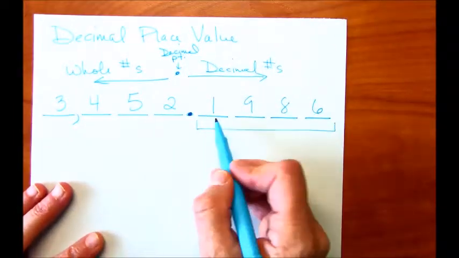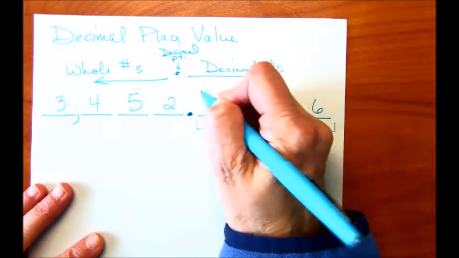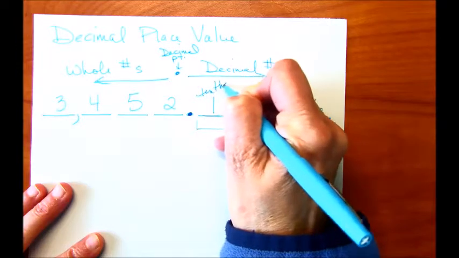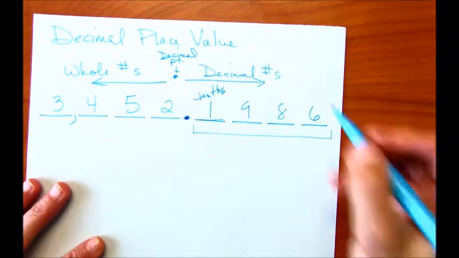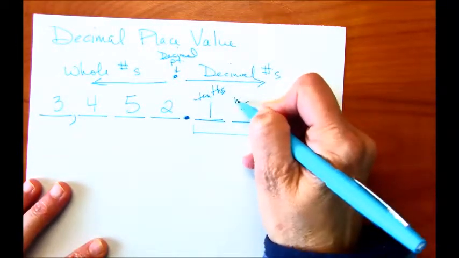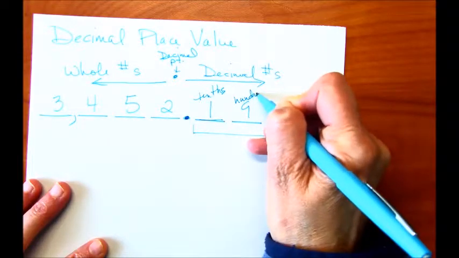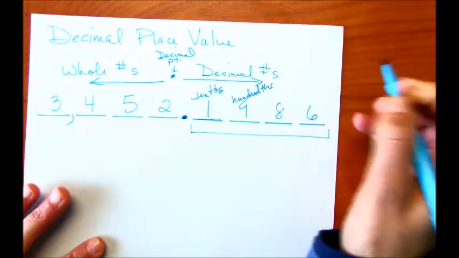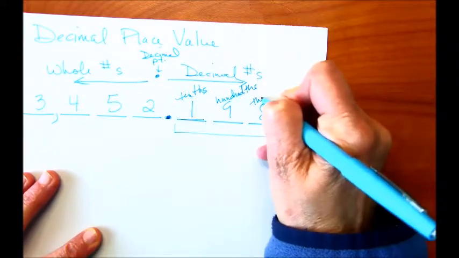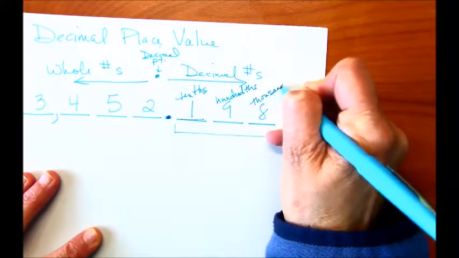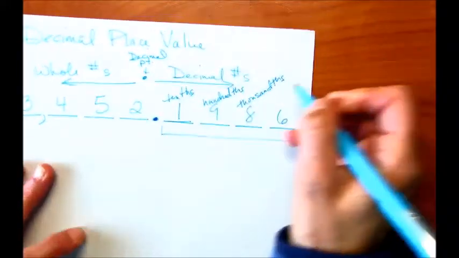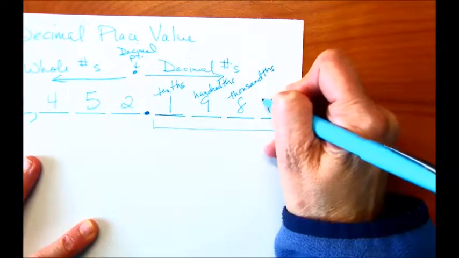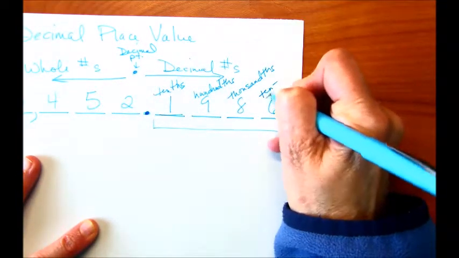This first place here is the tenths. Then we have the hundredths. Next are thousandths. And the 6 is going to be the 10,000ths.